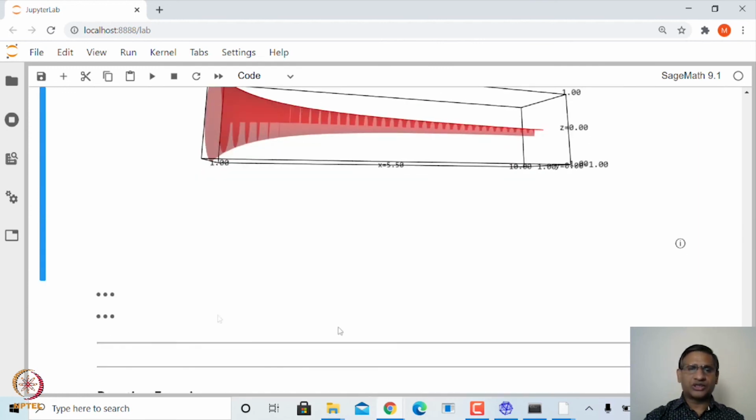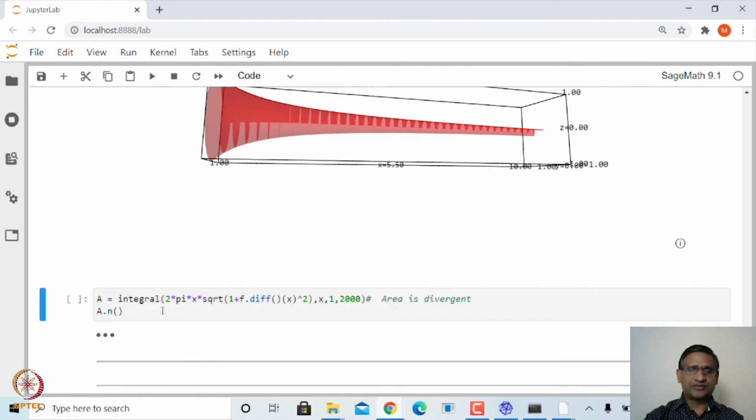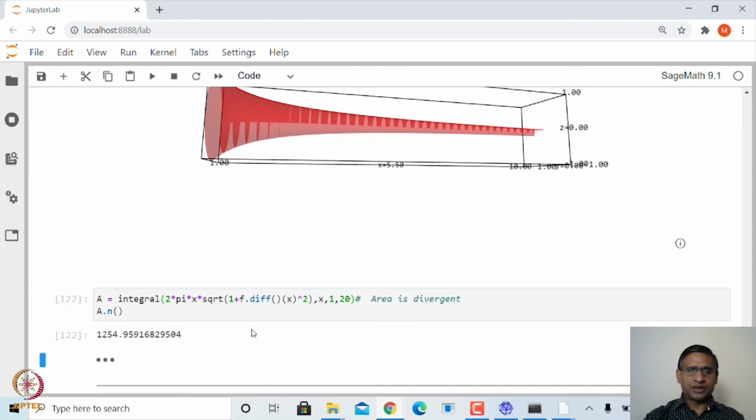Now, the interesting thing about this surface is that if you try to find the surface area of this surface of revolution, for example, calculated between 1 and 20 using the formula for surface area, it is 1254.